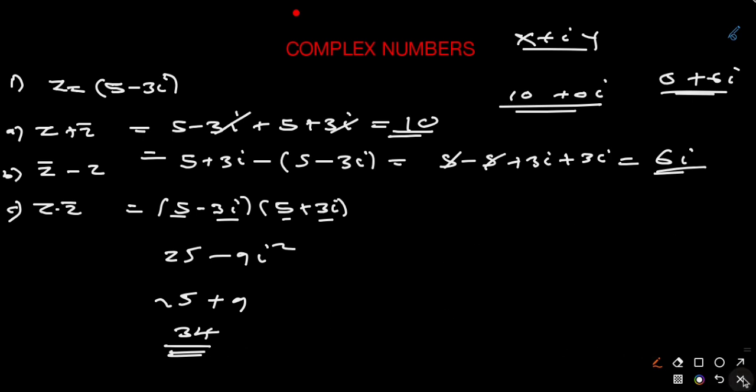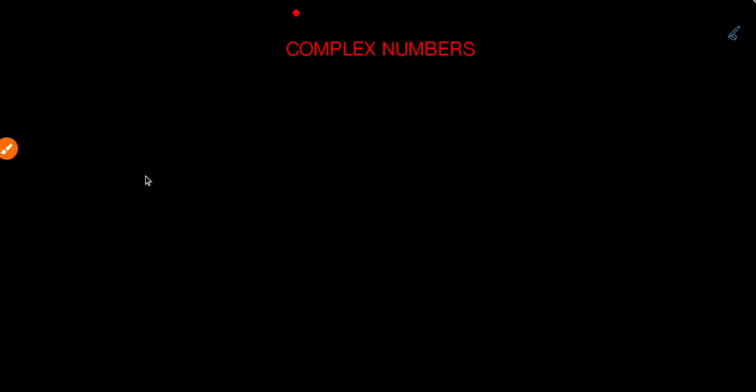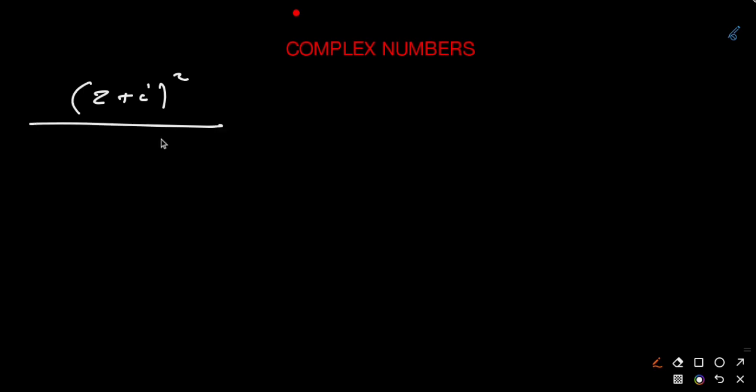And then let's try to look at other examples for division. So for division, let's say for example, you have been given open bracket 2 plus i, squared, then divided by 1 plus i. So this one is our first example.